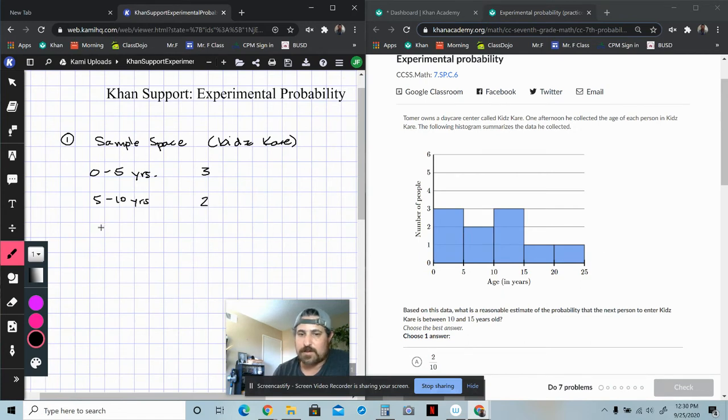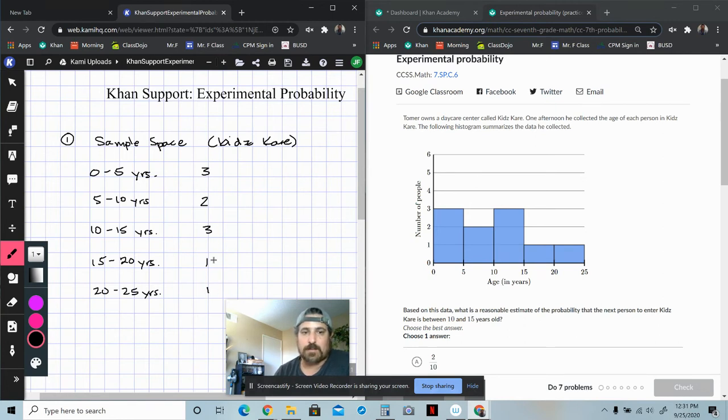And then from 10 to 15 years old at Kids Care, you have how many of them? 10 to 15, it's 3. And from 15 to 20 years at Kids Care, you've got 1. And from 20 to 25 years, you've got just this 1 as well.